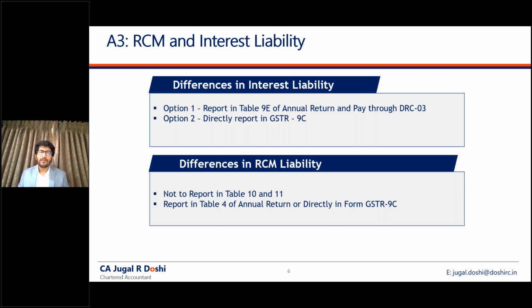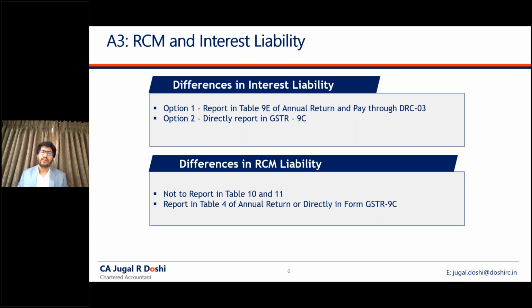Table 10 and table 11 only cover outward tax liability. They do not cover inward supplies on which tax is payable on reverse charge mechanism, and hence we should never report RCM transactions in table 10 or 11, otherwise it may lead to an item of reconciliation in GSTR 9C.